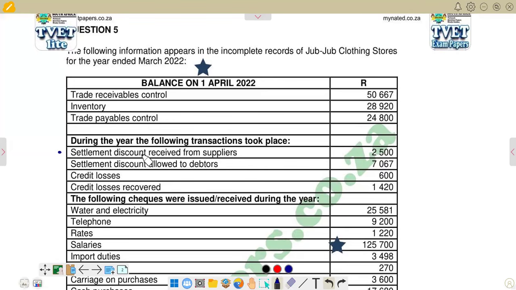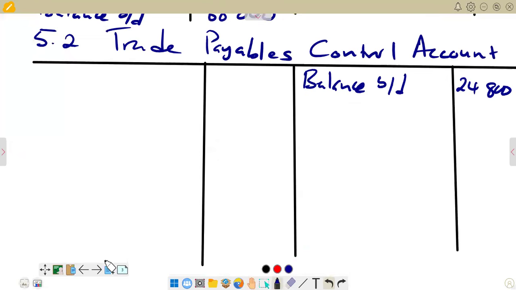In this instance, it's us, the business, who is owing these suppliers. So when we make the payment, we are supposed to debit the trade payables control to reduce the amount that we are owing them. So we go to the trade payables control and go to the debit side and say settlement discount received.